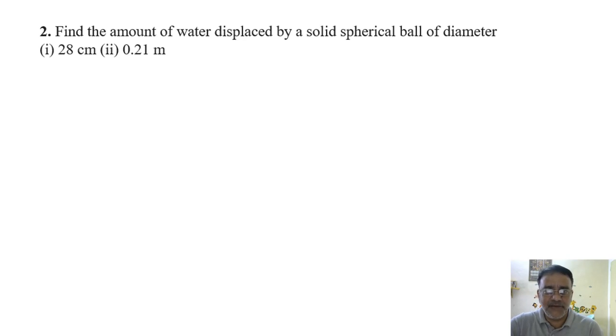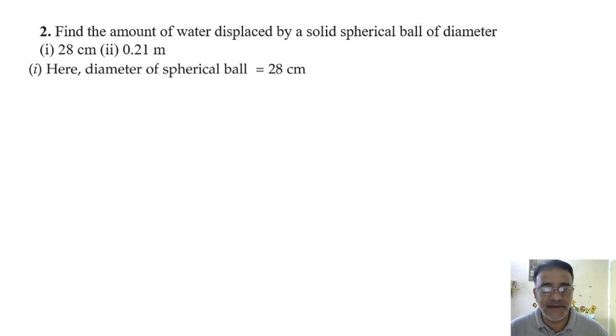The container is completely full, so if you put anything in it, water will come out. How much water will come out? Sir, water as much as the volume of the ball. Very good. Whatever volume we are inserting in that container, that much water will come out. Is this clear to all of you? Yes, sir. Okay, fine.